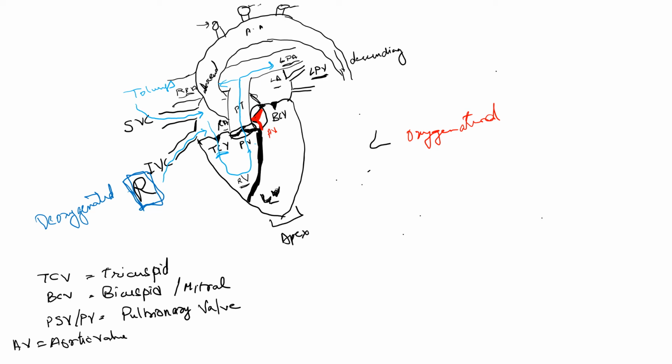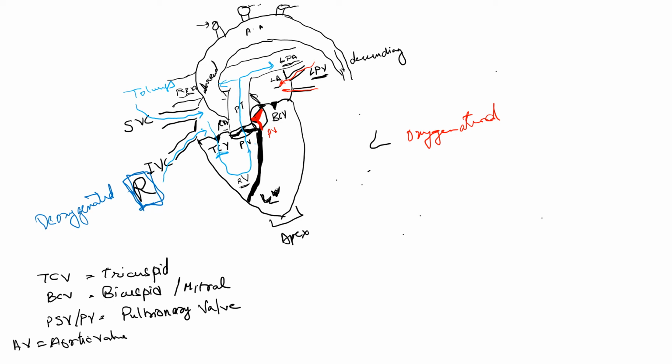In the lungs, blood drops off carbon dioxide and picks up oxygen. Now the blood returning to the heart will be oxygenated, so we're going to represent it in red. Blood returns to the heart via the left and right pulmonary vein. You see the left pulmonary vein on the anterior view. Blood enters the heart into the left atria.